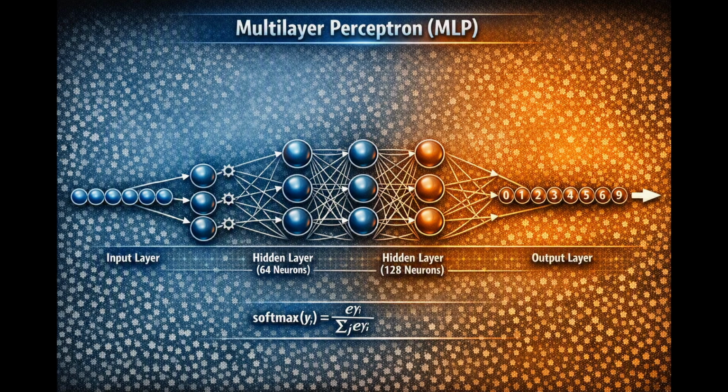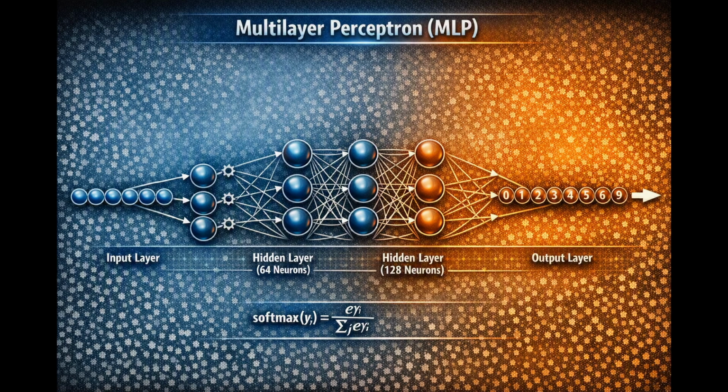The Multilayer Perceptron, MLP. The Multilayer Perceptron, or MLP, is the most common and foundational neural network architecture. It consists of 3 types of layers: an input layer, one or more hidden layers, and an output layer. Every layer is made up of the perceptrons we discussed earlier. Data enters through the input layer, flows forward through each hidden layer in sequence, and finally produces a result at the output layer.